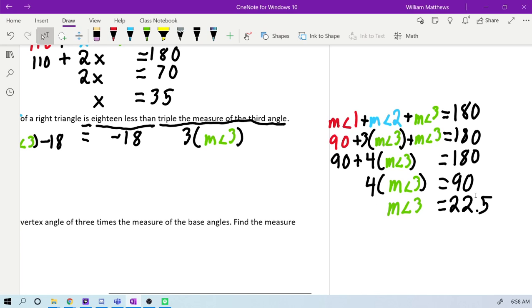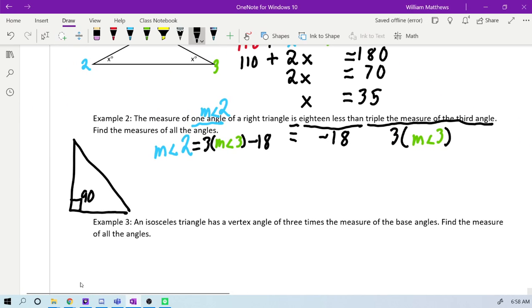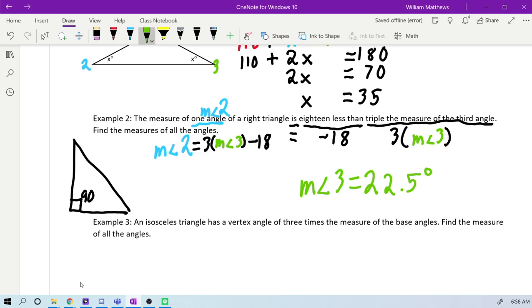So this lets us find out our measure of angle 3, which now we can use to find the measure of angle 2 by plugging in the 22.5.